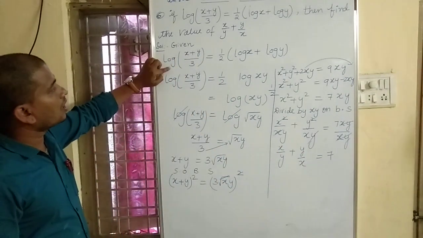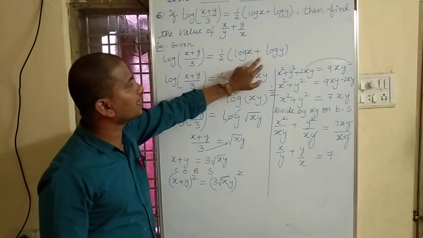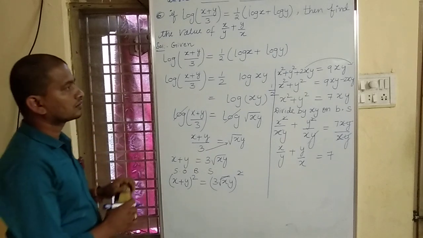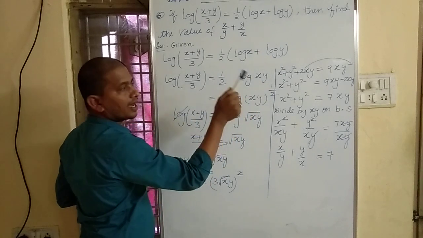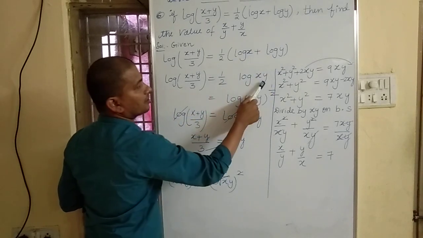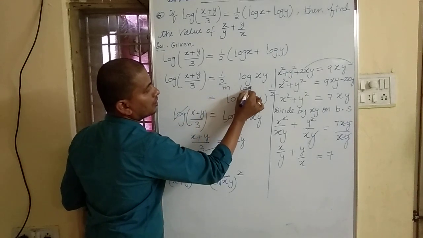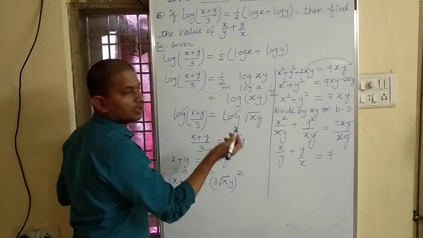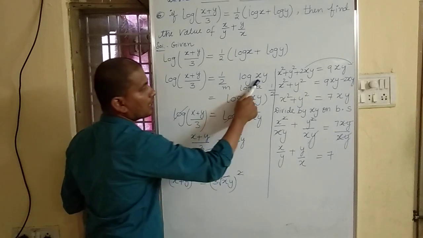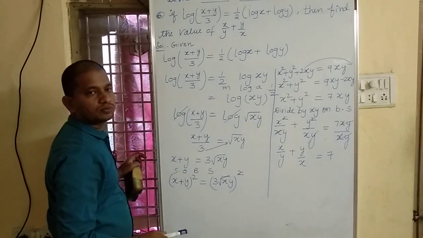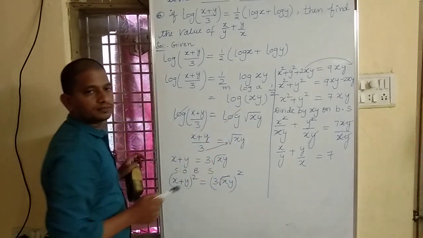So, given log of (x plus y) by 3 equal to 1 by 2 into (log x plus log y), by the product rule log x plus log y is log xy. Now it is in the form of m log a, which we can write as log a to the power m, that is log xy to the power 1 by 2, which is root xy.